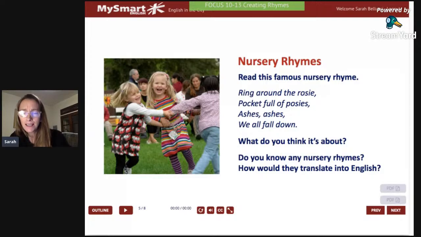Which one is it? Oh, so the crazy hair one, a nursery rhyme in Italian, is similar to the round and round the garden one, where you tickle under the arm. I don't know that one.